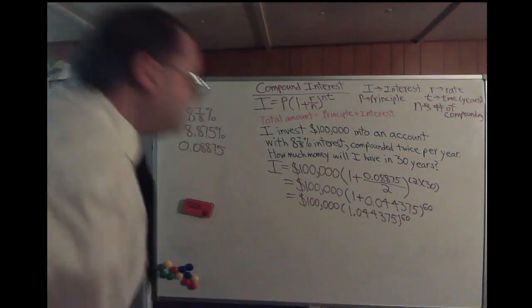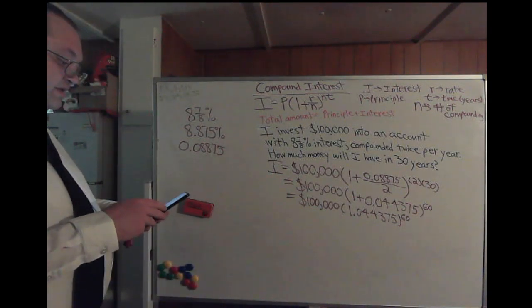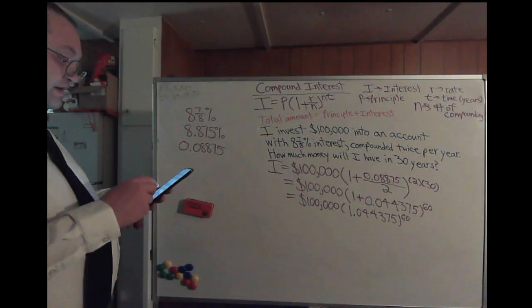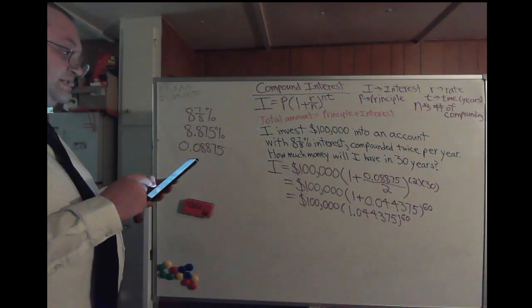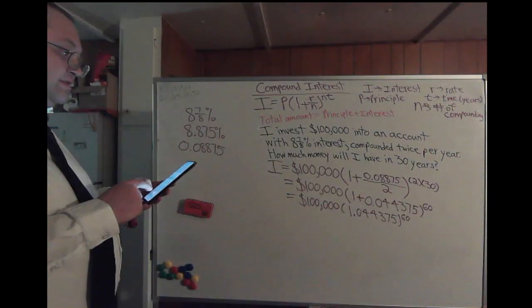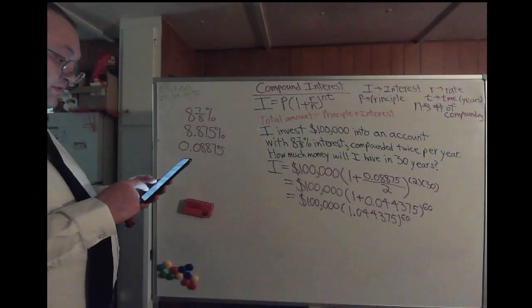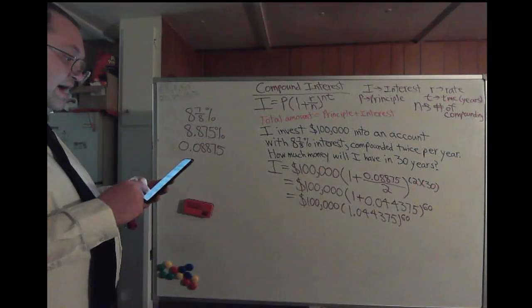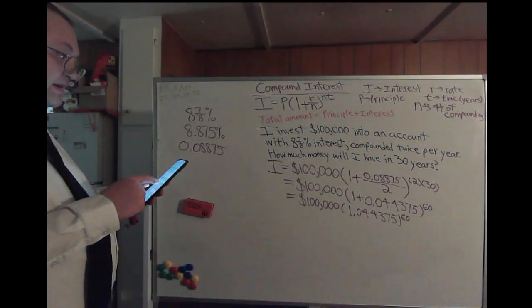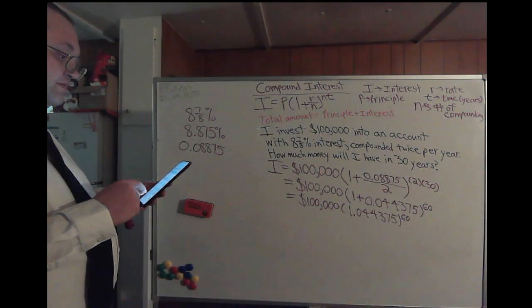I think you're going to have an astronomical amount in interest alone. So, according to the rules of operations, let's do the exponent first. You'll have 1.044375 to the 60th power. It's not a pretty number. Times 100,000.